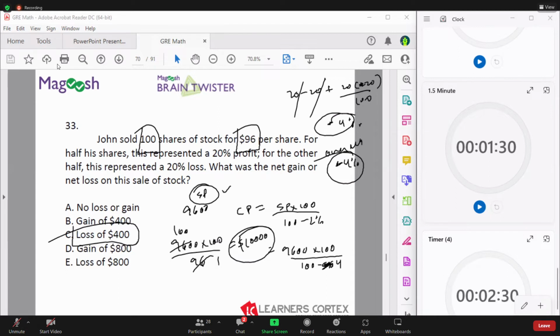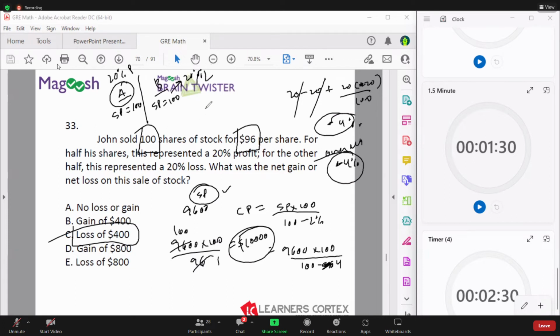Now this is something which you can do directly. This is only when, let's say, there are two sets or two items and they both have the same selling price. Let's say here it is 100 and here also it is 100. On one there was a 20% profit, and on the other there was a 20% loss.